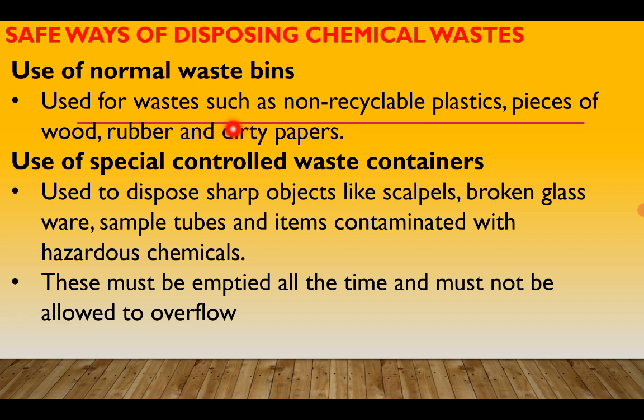Sometimes they are buried there. Some special controlled waste bins can also be used to dispose of sharp objects such as scalpels, broken glassware, sample tubes, and items that are contaminated with hazardous chemicals. And the containers must be emptied so that they are not filled up while they are in the lab.